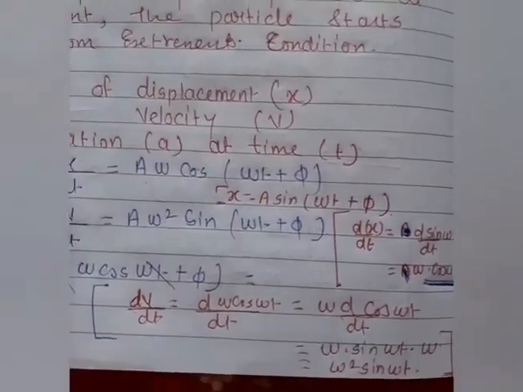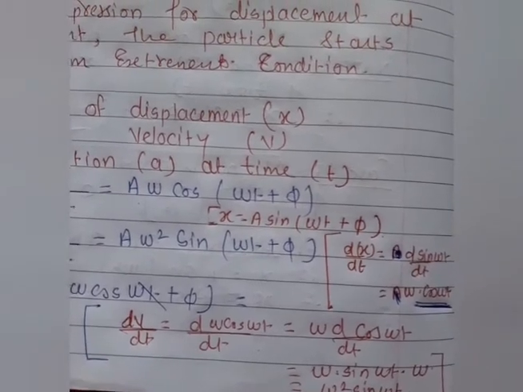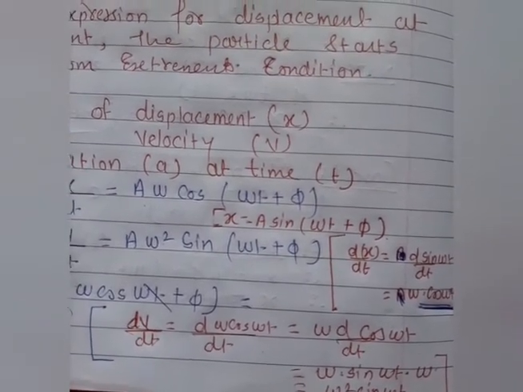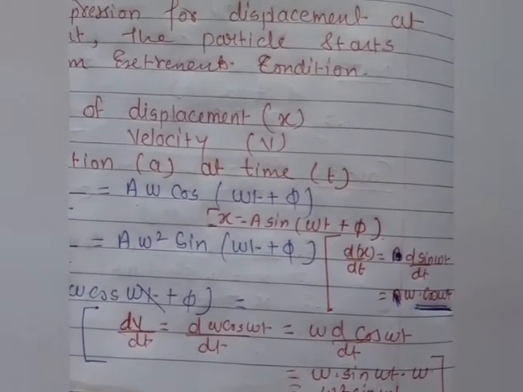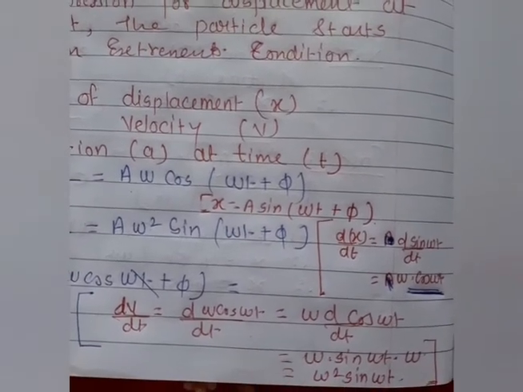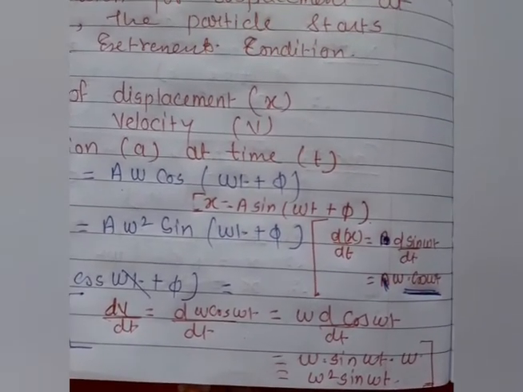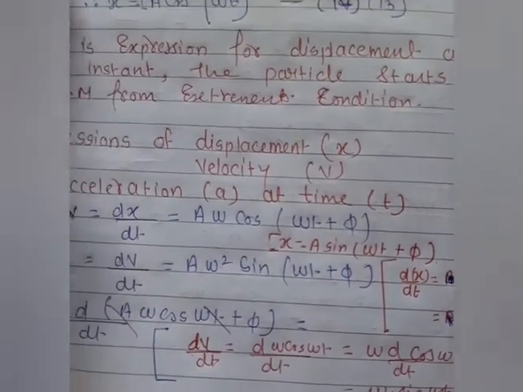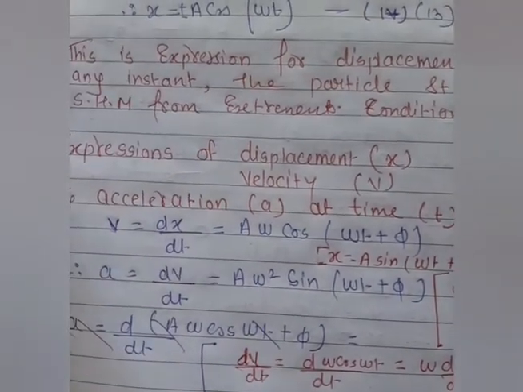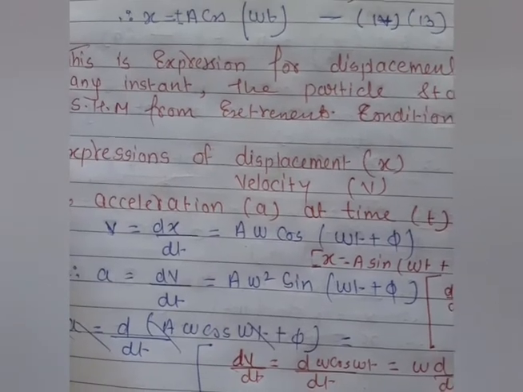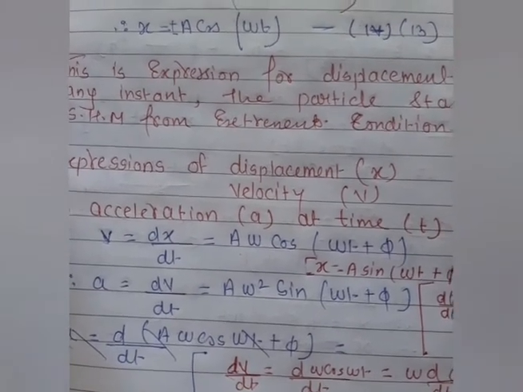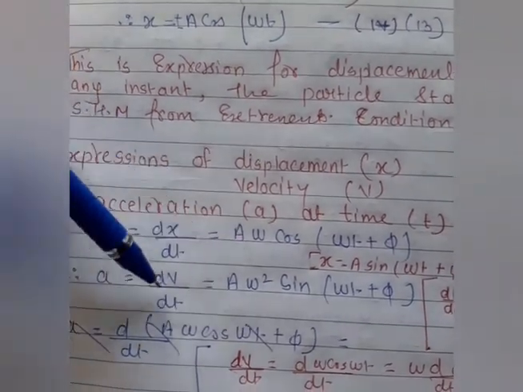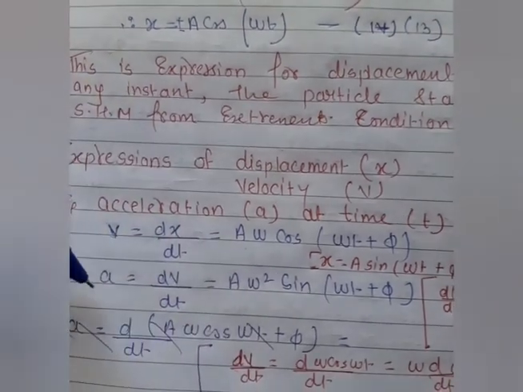So let's consider cos omega t into omega, and differentiate with respect to time. Omega is as it is, and the derivative of cos omega t gives sine omega t into omega. Omega becomes omega square here, so sine omega t into omega square. So after differentiation, students, you can see a omega square sine omega t plus phi. Hope you are clear about the differentiation for velocity and acceleration.